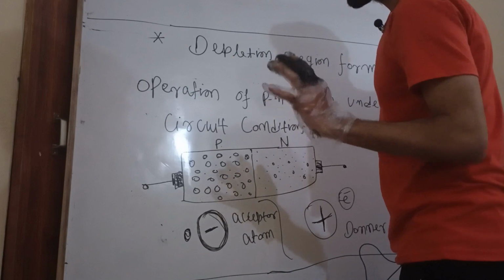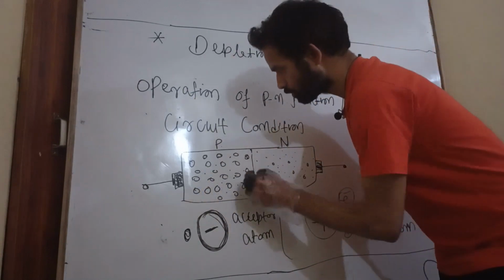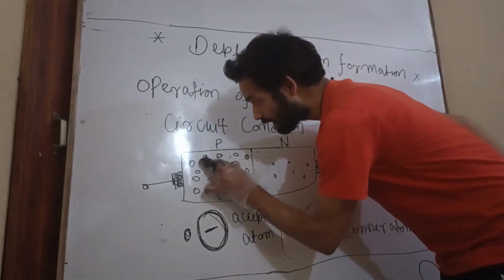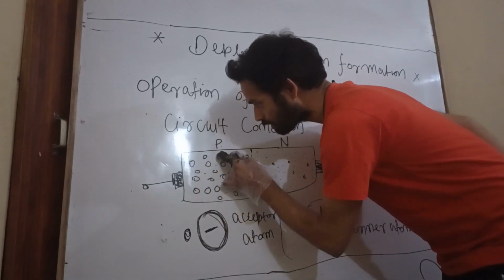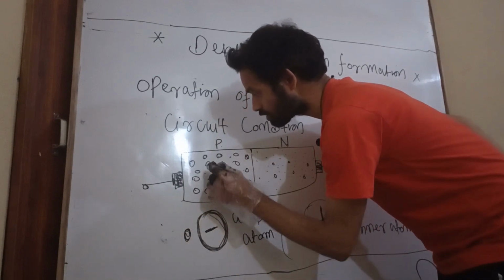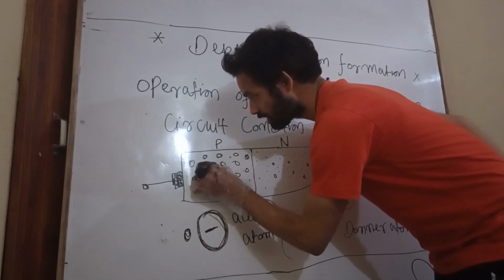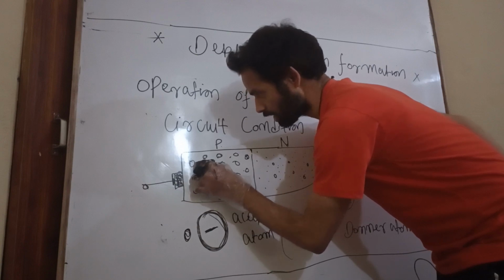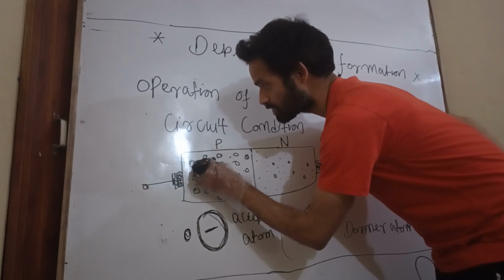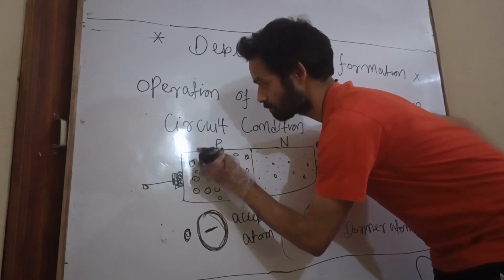We have to understand properly, because on the p side there is a lot of holes, and every hole has what charge? Positive charge. Every hole is nothing but a positively charged empty state.